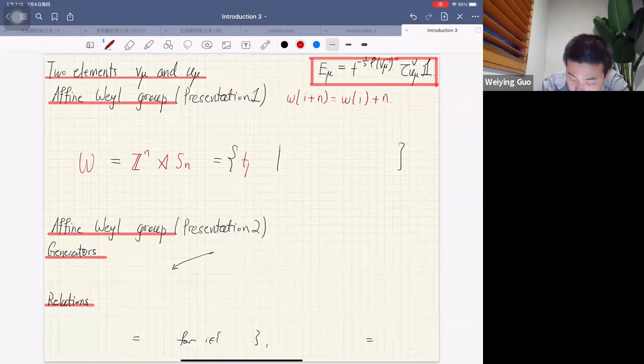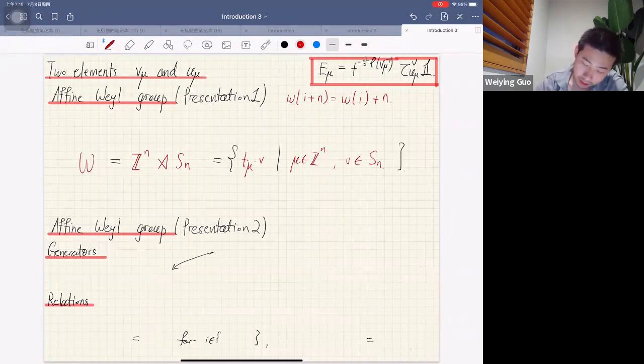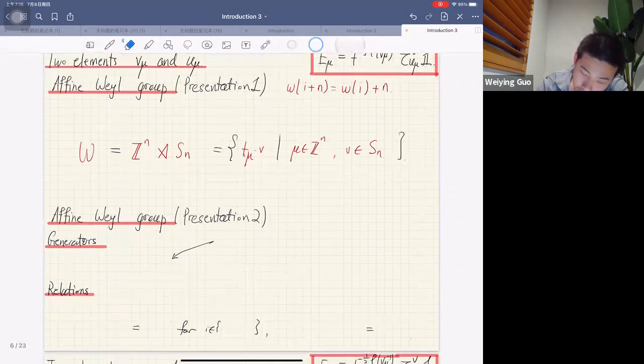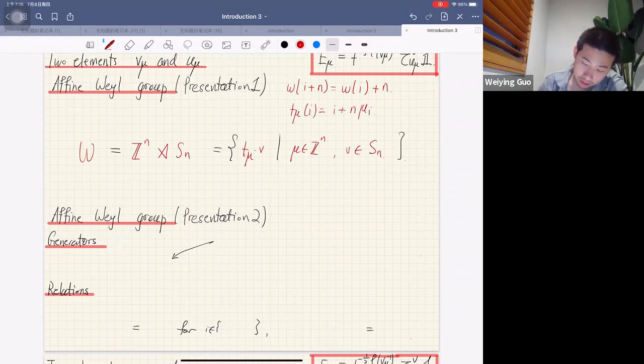So it can be written as t_mu acting on v, where mu is inside of Z^n and v is inside of Sn. In this case, t_mu acting on i is just i plus n mu_i, for i from 1 to n.